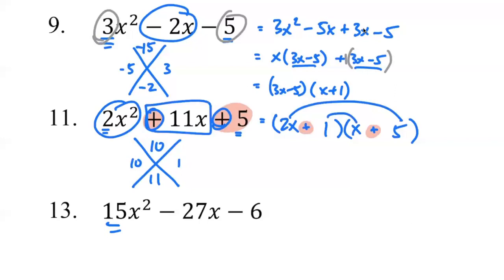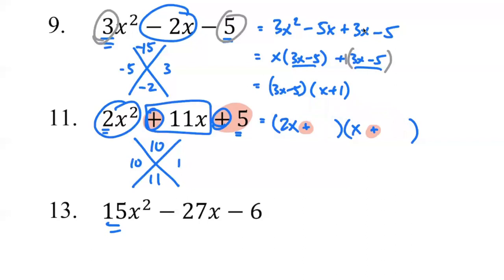So let's think about it. The outside would give us 10x right here. And then we have x, and they're both positive, and they would add together. And that's great because that's how we have 11x. So that's how we know these are the factors here, okay?